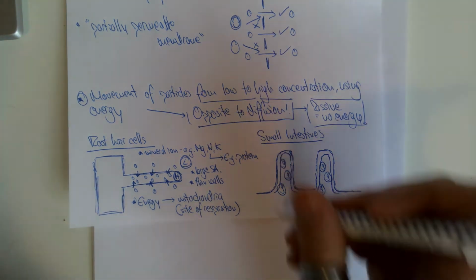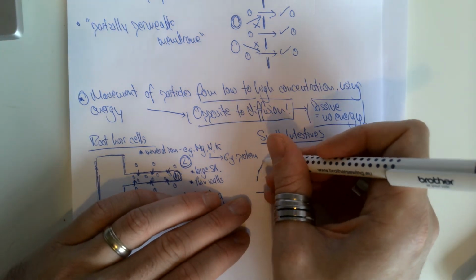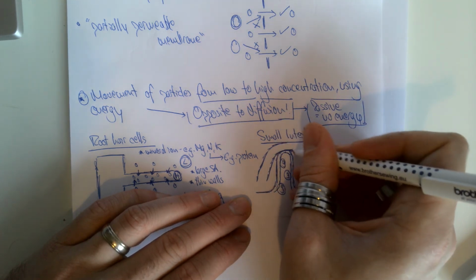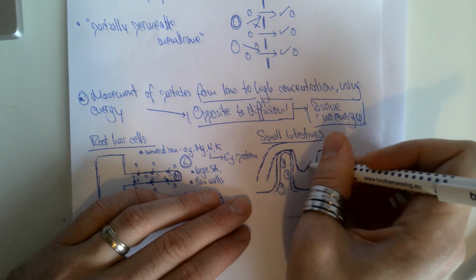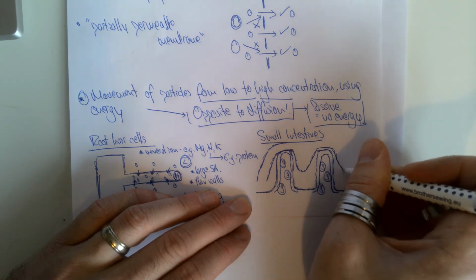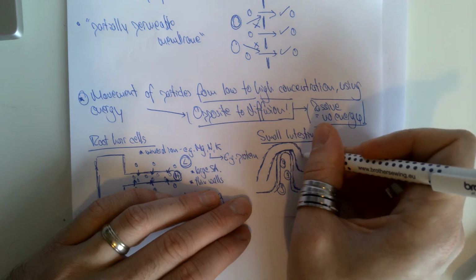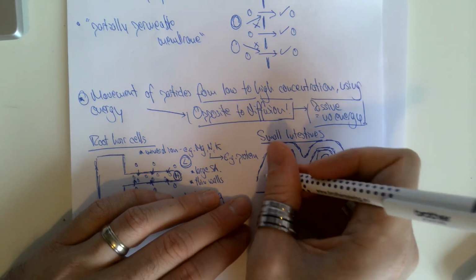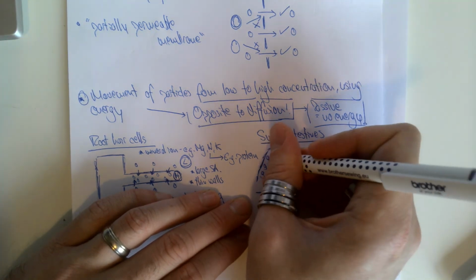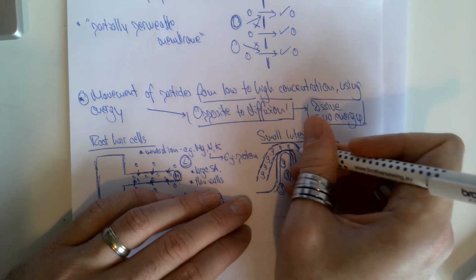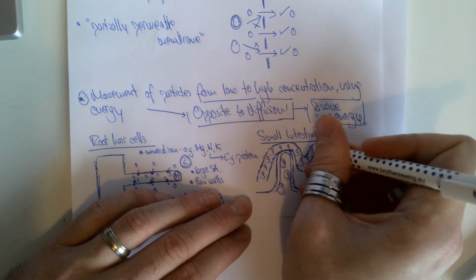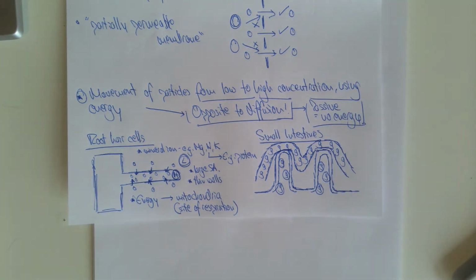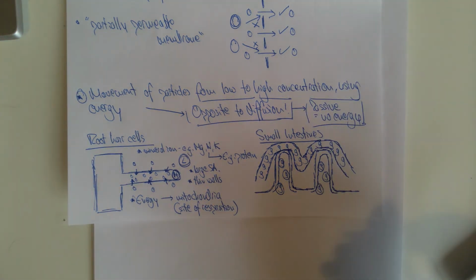Now, these sugary molecules, glucose molecules, want to be absorbed into the bloodstream. But sometimes we can have particularly high concentrations of glucose in our blood, because the blood obviously carries the glucose around the body to the cells for respiration.